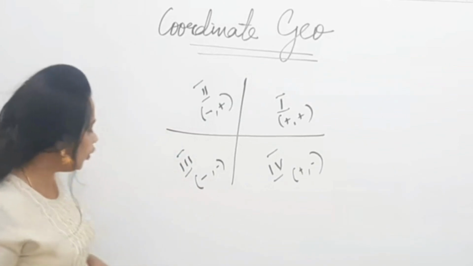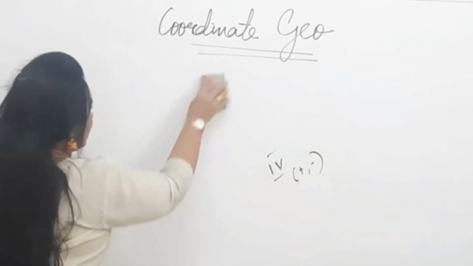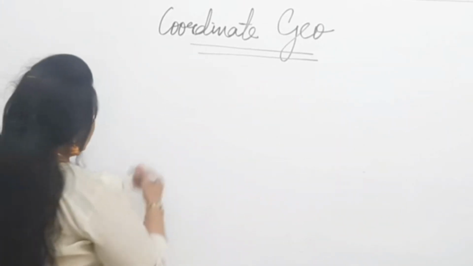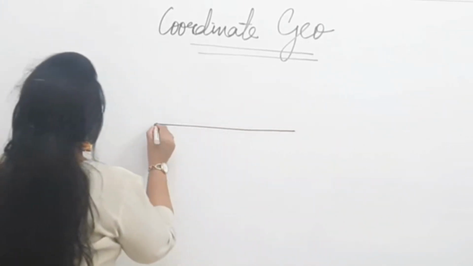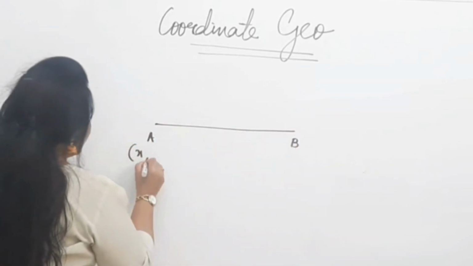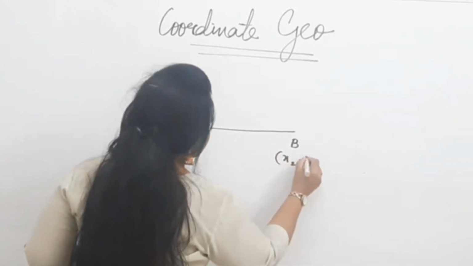So we have points A and B. The coordinates of those 2 points are given, x1, y1 and x2, y2.